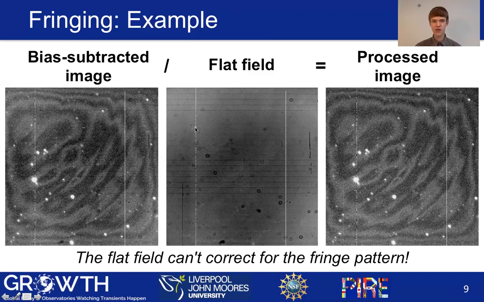The flat field is shown in the middle, which interestingly does not show the fringe patterns, because unlike the skylight, the flat field light is from an incandescent lamp with no lines, but the skylight comes from a series of strong emission lines called airglow, which leads to these strong interference effects. And as a result, these interference patterns are not corrected out by the flat field and remain in your science image. And this will greatly limit both the depth and the accuracy of the measurements of faint sources.